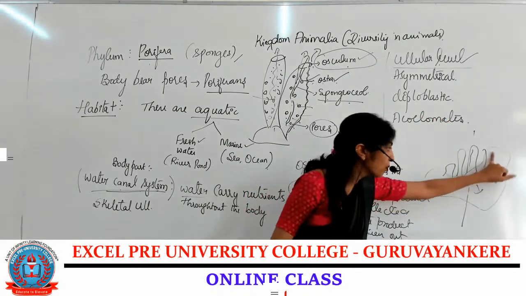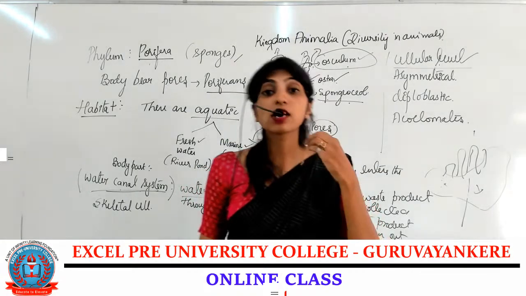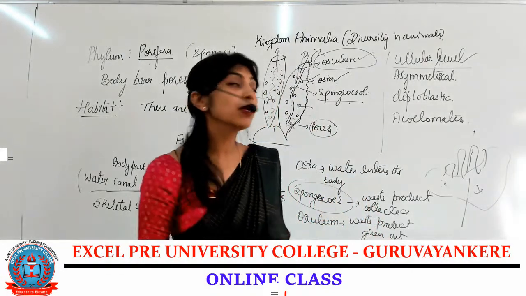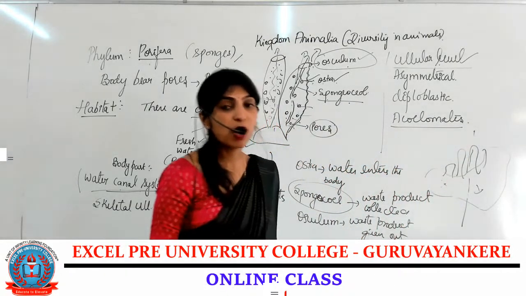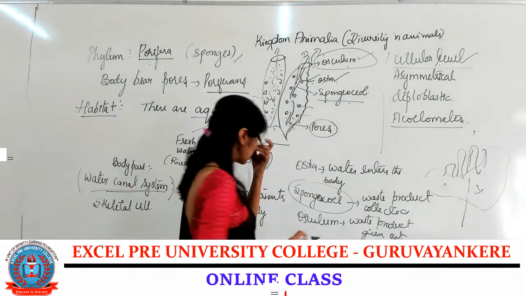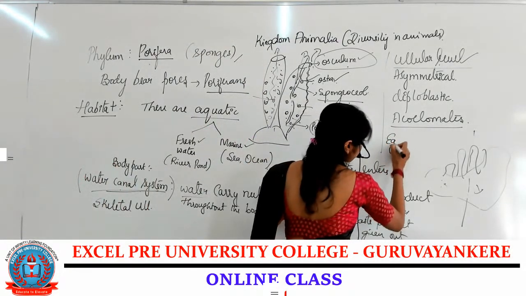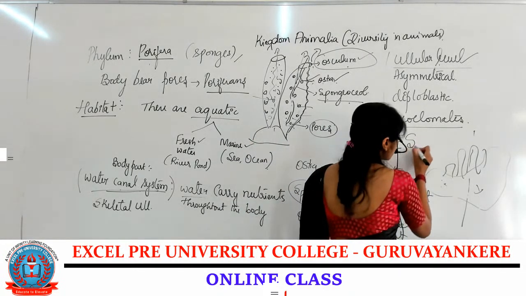We do not have a body cavity present between the internal organs, because they do not have internal organs developed. That is why we call them acoelomates. This is about phylum Porifera. Let me give you two examples for phylum Porifera. The first example is Spongilla.